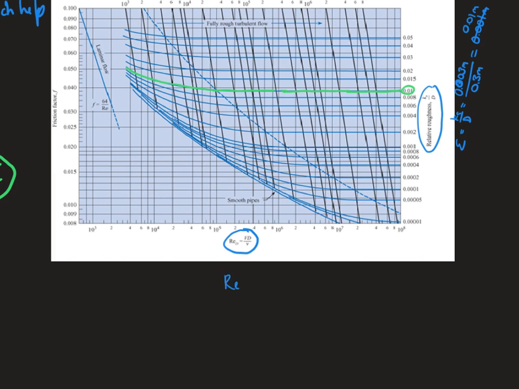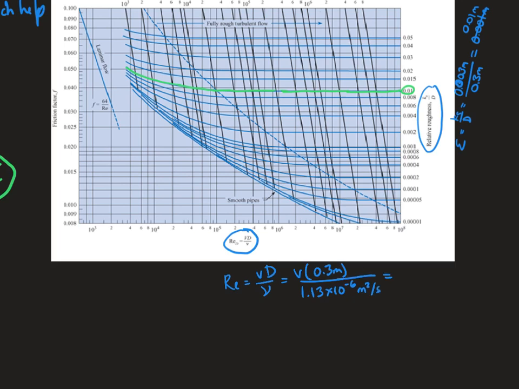The Reynolds number equals VD over nu. For this problem, that's V times the diameter, 0.3 meters, divided by the viscosity, which is 1.13 times 10 to the minus 6th meters squared per second.